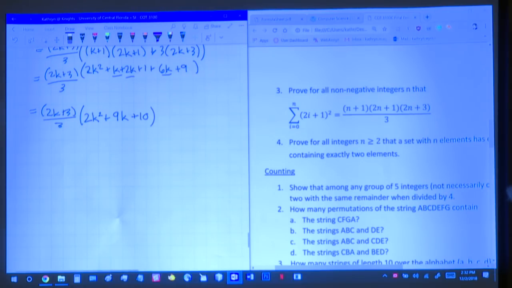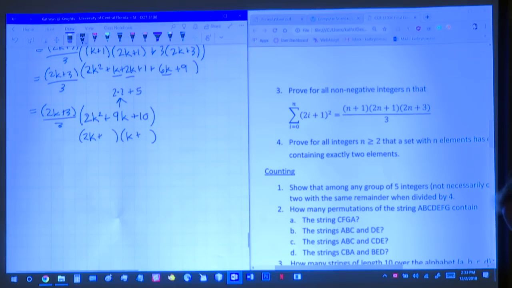And when you do that, you get 2k plus something, and then k plus something else. And if we're just messing around with it, you would see that this is equal to 2 times, let's see, 2k plus 5, right?